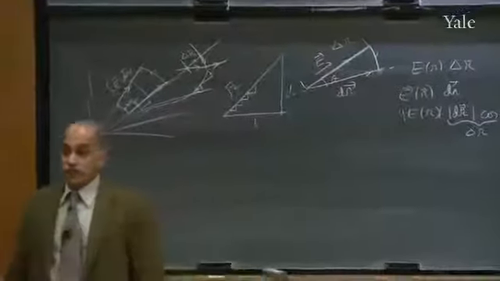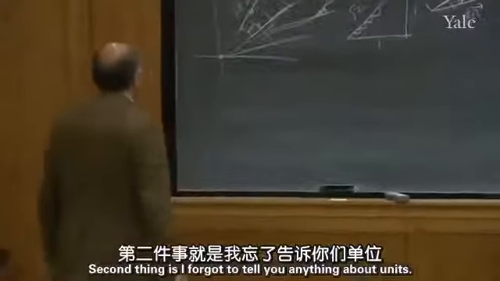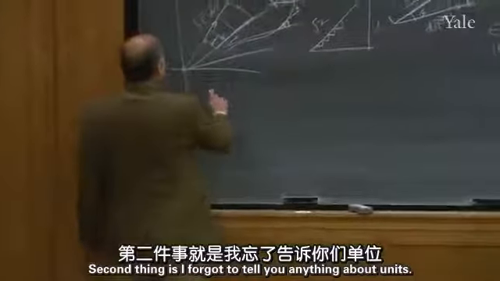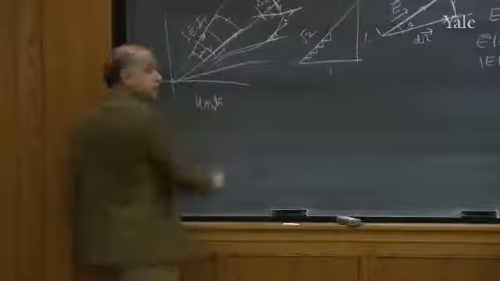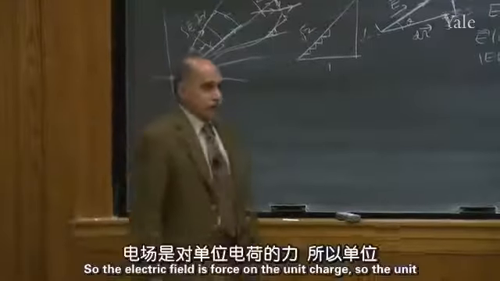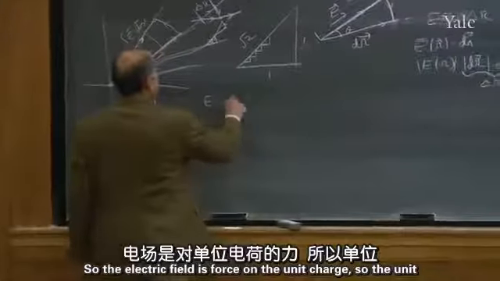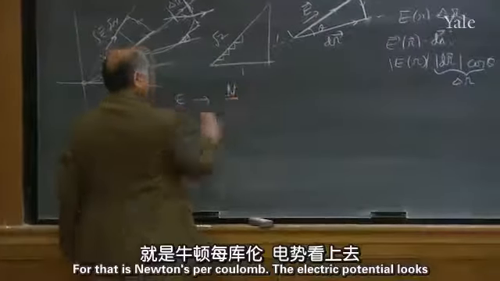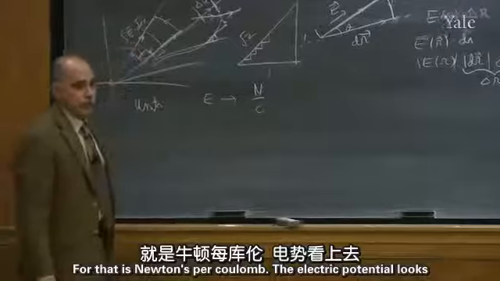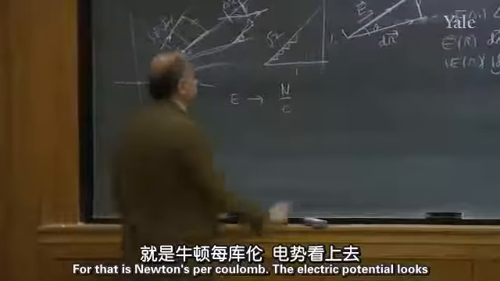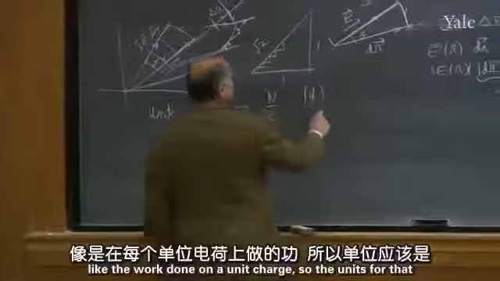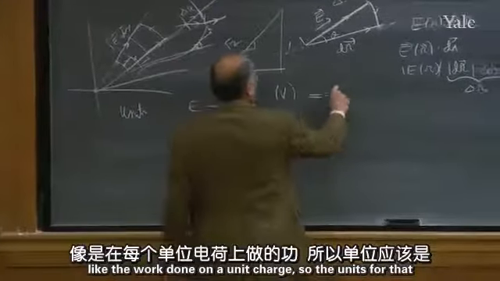That's the first thing. Second thing is, I forgot to tell you anything about units. So the electric field is force on a unit charge. So the unit for that is newtons per coulomb. The electric potential looks like the work done on a unit charge. So the units for that is joules per coulomb.